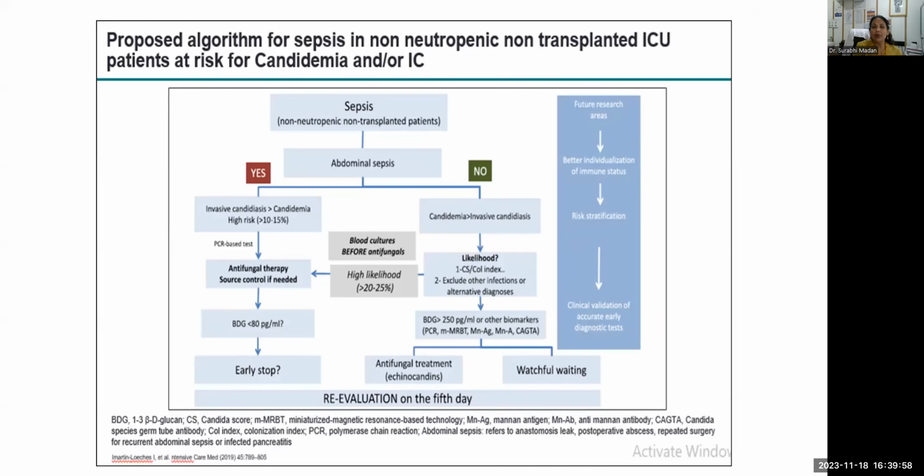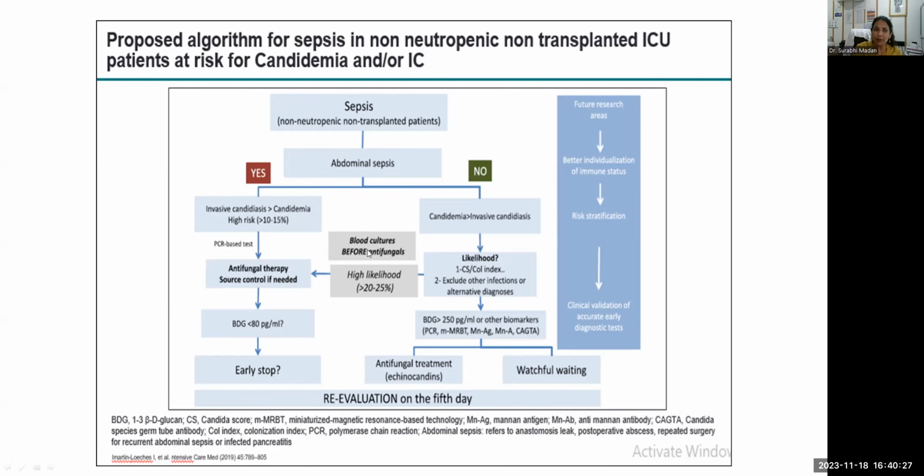So if we talk about a rough algorithm, how do we approach a patient with candidemia or invasive candidiasis? Some points which we have to keep in mind are, for example, if you have a patient with sepsis, a non-neutropenic, non-transplanted patient, like most of our patients in the ICU, if there is abdominal sepsis, there the risk of invasive candidiasis is significantly high as compared to candidemia.